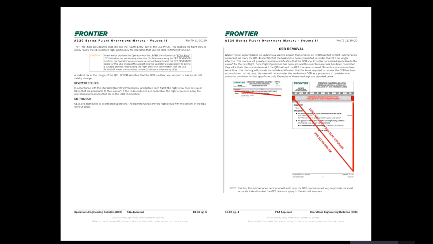The reason being is really when we fix an airplane and an OEB no longer applies to it, we need to let the crews know. And unfortunately, we're still right now in that paper world of the QRH. So it's hard to make sure that we get the airplane fixed and then coordinate an OEB replacement. So for OEB 48, immediately after maintenance, the last part of their task card is to put exactly like you see on your screen, the markings across the OEB.